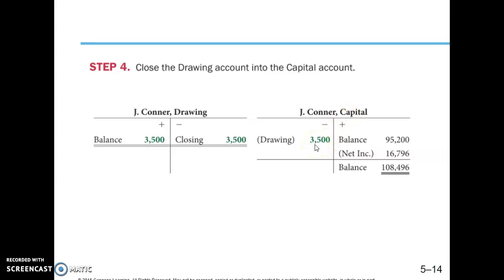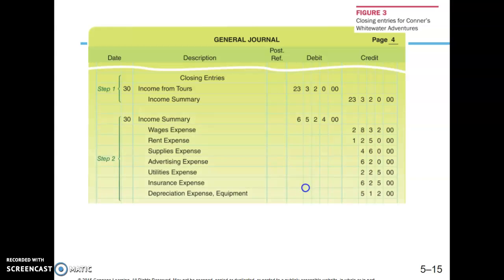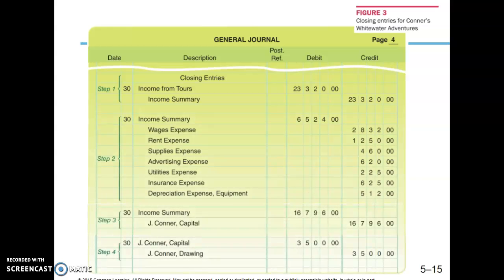So we need to debit our capital here, which essentially is going to make our capital go down. So here is all 4 steps shown out in the general journal.